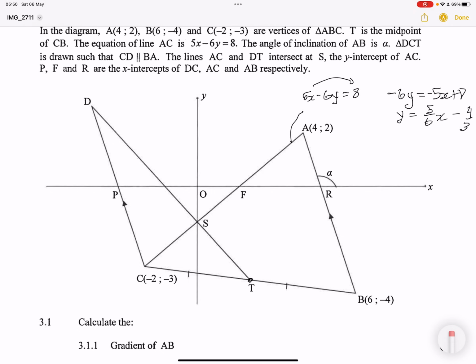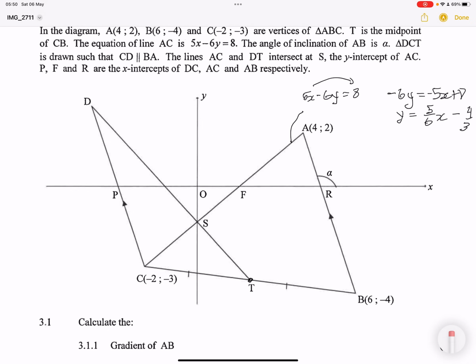They say to us the angle of inclination of AB is alpha. There they've indicated the angle, and DCT is drawn such that CD is parallel to BA. And that's very important.